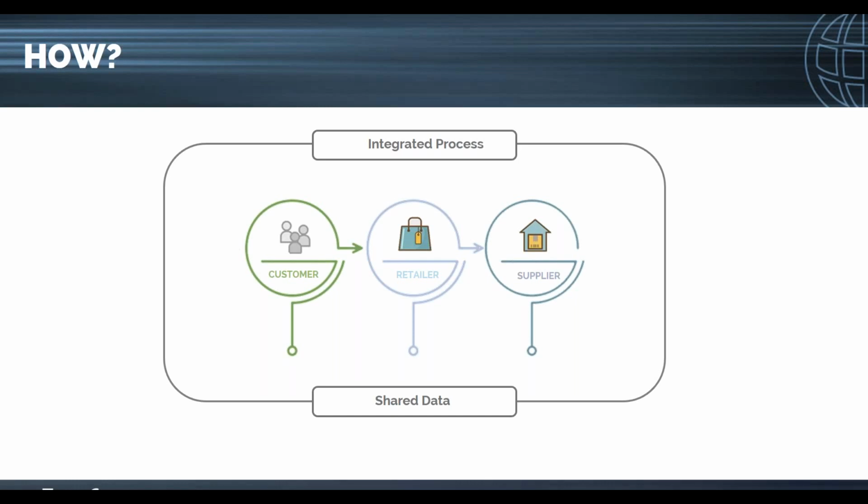And supporting those processes, typically you'll need to exchange data in a structured format on a regular basis. So the short answer is design a process across the organizations and use shared platforms and shared data to implement that.